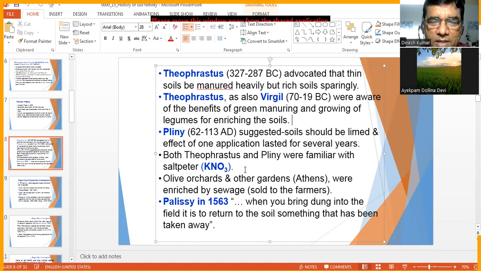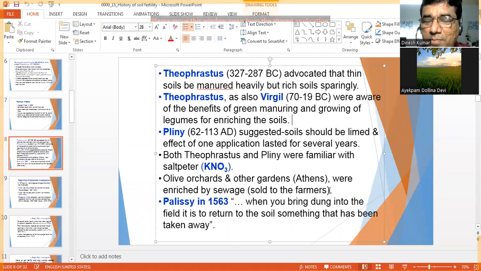Saltpeter is KNO3. Olive orchards and other gardens in Athens, Greece, were enriched by sewage. On those days, they were using sewage sold to the farmers. So actually, Greek civilization was very advanced in the world, and they ruled for a very long time.